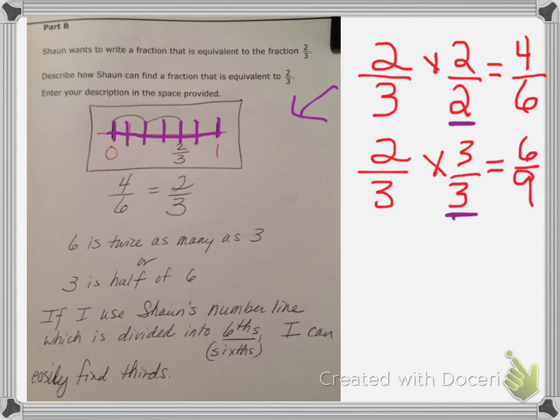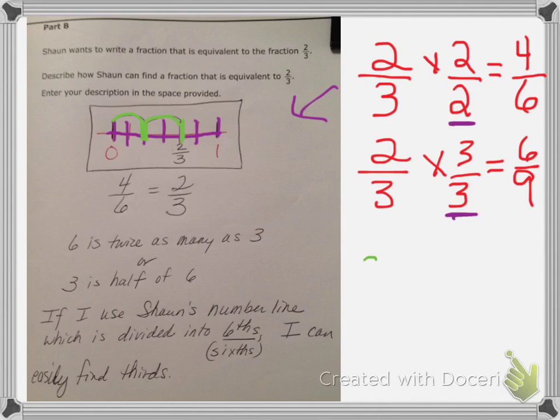So let me go back and try it with another color just so you can see it. I guess I'll try green. This is so much fun. Okay, so 1, 2, this is 2/3. And you notice that there are 2/6 in each of the 1/3.